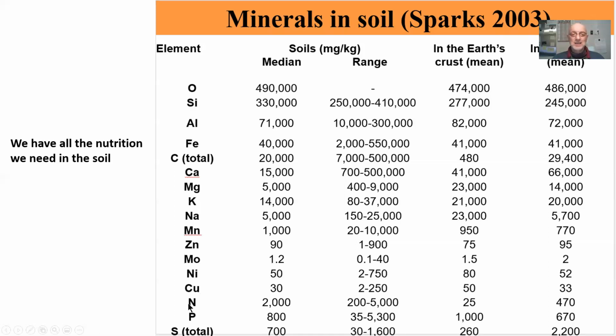This is just the ones that have been tested here. All nutrients that a plant needs are inside the soil. That's the takeaway on this one, and they are made available by the bacteria and fungus delivering to the plants.